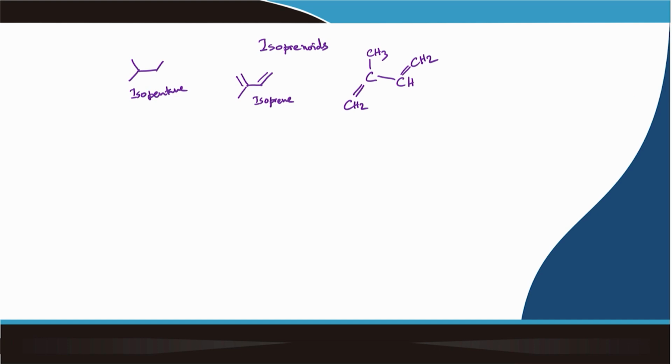Isoprenes can make different configurations. For example, one is called head to tail. The other one is called head to head.